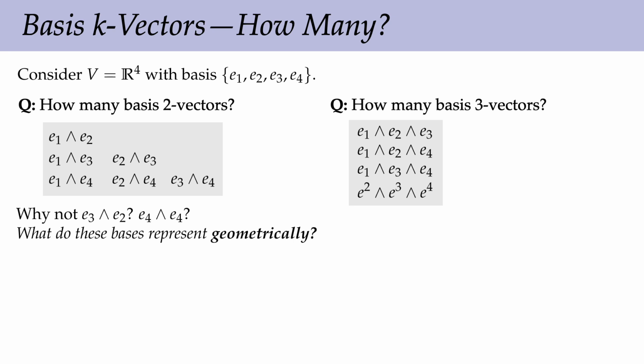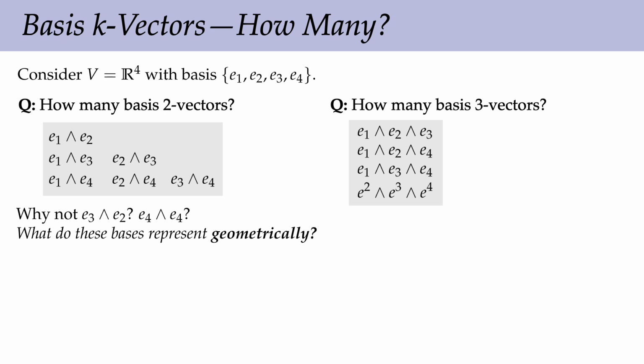Where are all the rest? Well, they must be captured in here somewhere. I omitted anything that had the same basis 1 vector twice, and I only put permutations of these basis vectors that aren't redundant, in a sense.